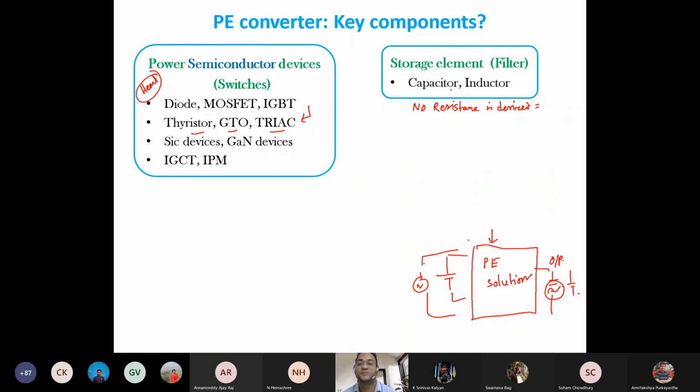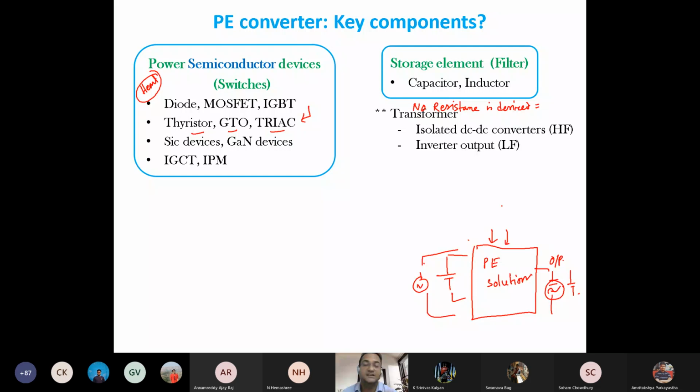Why? Because capacitor and inductor are lossless, ideally. Practically they also have little loss; we'll teach you how to calculate that. But we don't want any additional resistance. Sometimes we also use a transformer inside the converter. We'll see some circuits, then this should be much clearer to you.